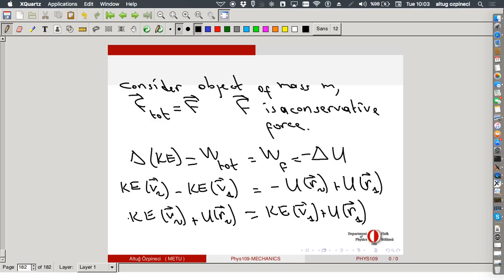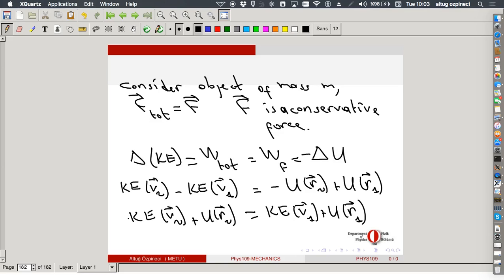At some point, it has velocity v1, potential energy at r1, and the kinetic energy at the point r1. At some other point, it will be at the point R2, and it will have the velocity v2. Of course, the velocity will be different. As it's flying over this parabola, it has some velocity here, some different velocity over here. The potential energy at this point is different than the potential energy over here.